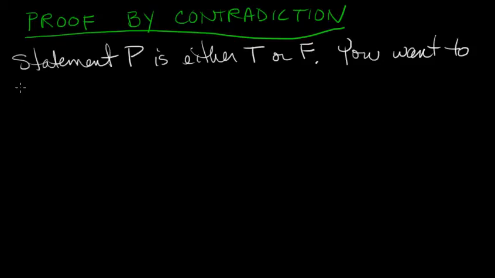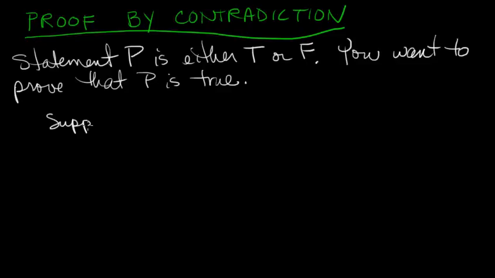and you want to prove that P is true. Okay? One way to do it is this. It has this structure. Suppose not. In other words, suppose P is false.